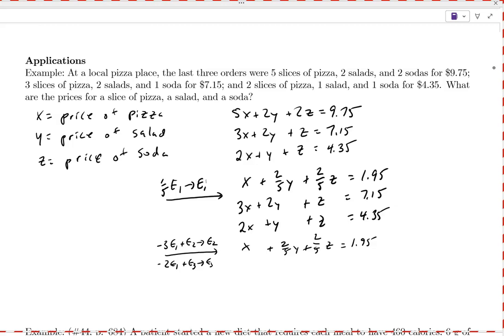-3 times 2/5 is -6/5 plus 2. So add 10/5, we get plus 4. Whoops, we get a 4/5 y. -3 times 2/5 is -6/5 plus 5/5 gives us a -1/5 z.